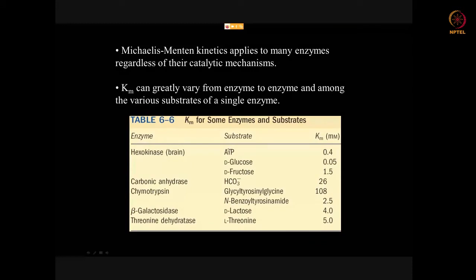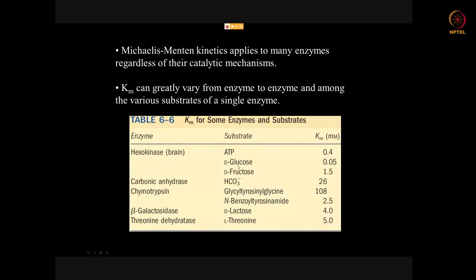Here ATP itself is a substrate because it transfers the phosphate group from ATP to glucose to make glucose 6-phosphate. The version of this enzyme present in brain is hexokinase, and the one that works elsewhere is called glucokinase as well, and that has this sort of concentration for the Km value.